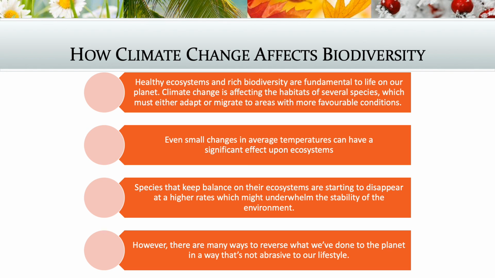Many of the different species of plants and animals are either dying out or trying to move to different temperatures. Some succeed in the attempt and some don't, which is causing the big biodiversity loss that we talked about in slide number 2.